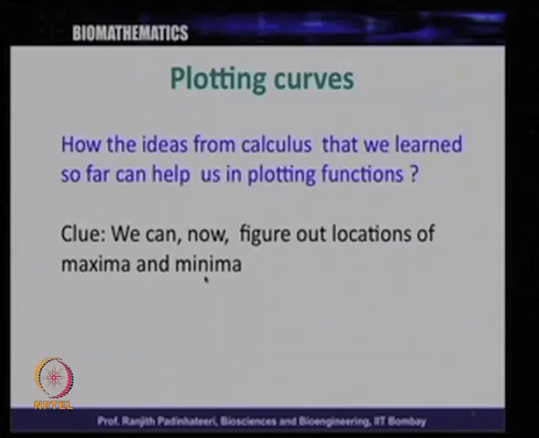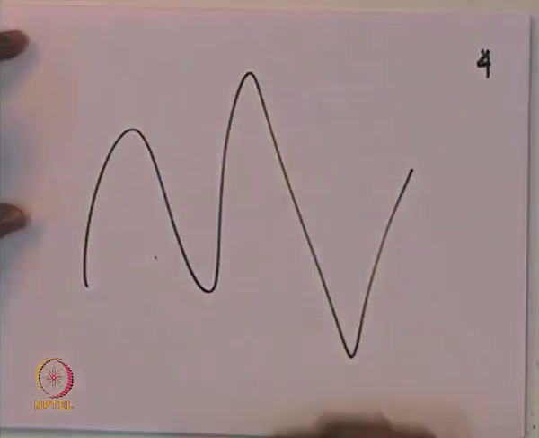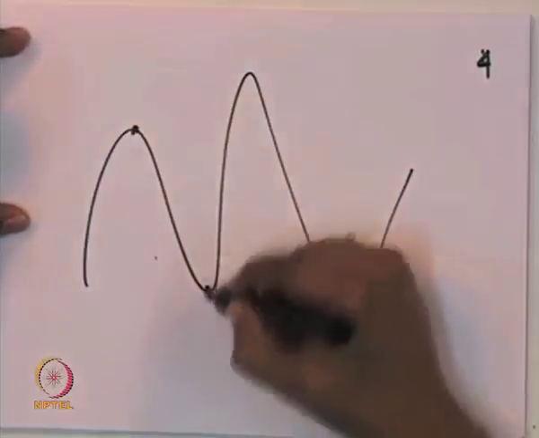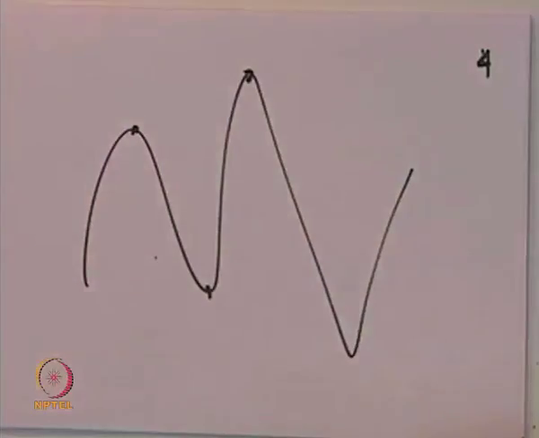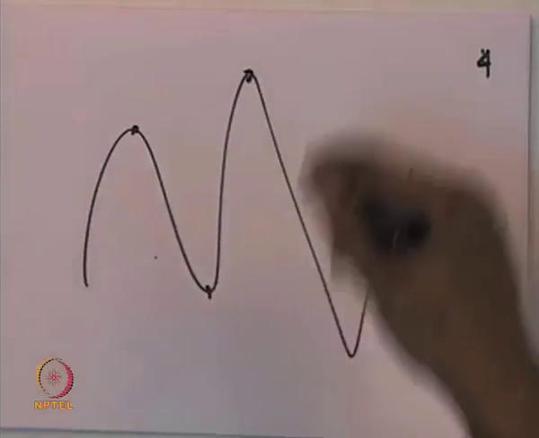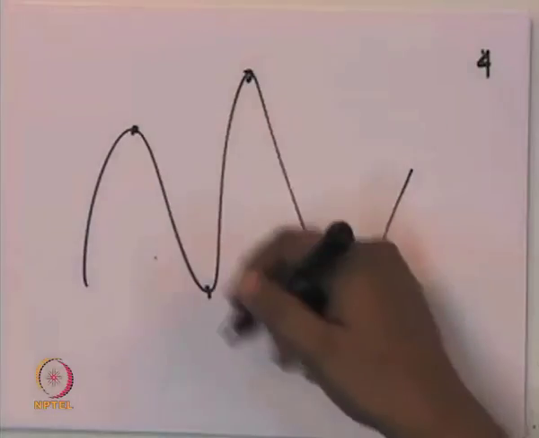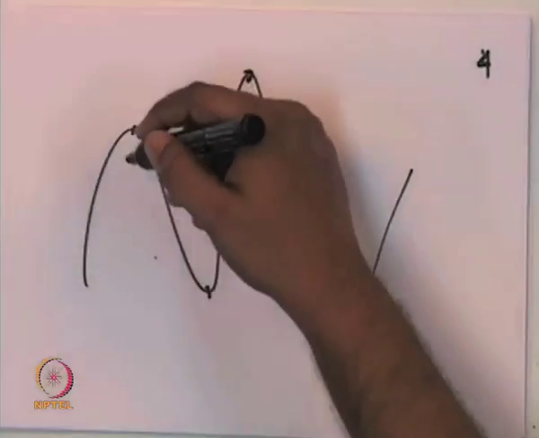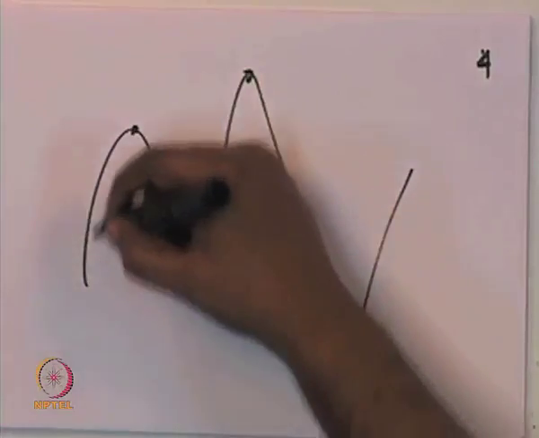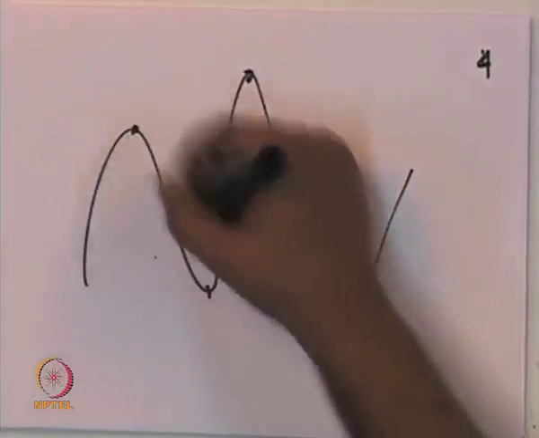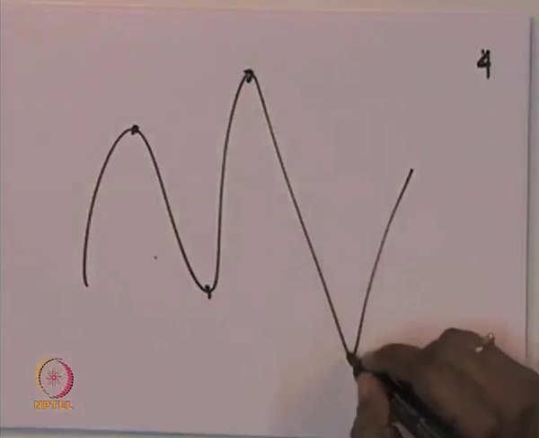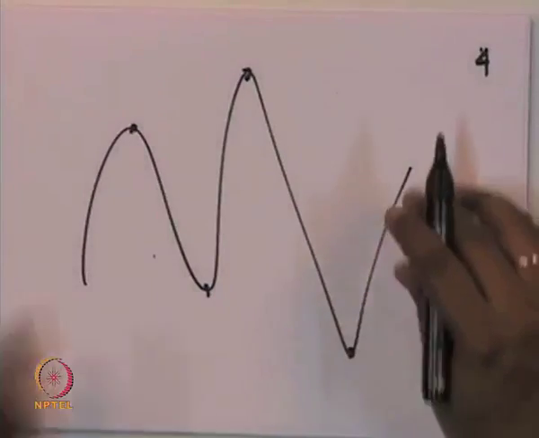Let us say you have some function that looks like this. This is a maxima, this is a minima. Whenever there is a maxima or minima, the function is changing from increasing slope to decreasing slope. That is changing its direction, just curving. So, you can already find out the places where the function is going to curve.